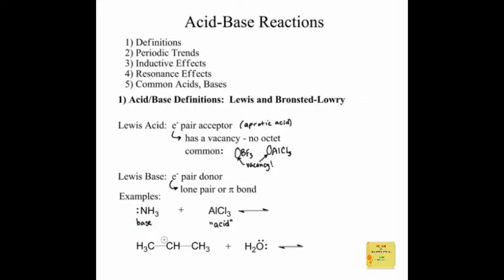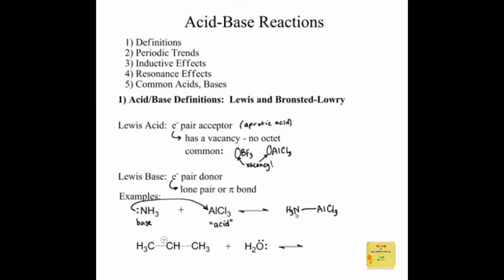And the reaction we would expect to have happen between these two is that the nitrogen would share its lone pair of electrons with the aluminum and form a bond. So we're going to form a new bond between nitrogen and aluminum. And this would be our product of this Lewis acid-base reaction. And because of this new bond, we're going to have some formal charges now on the nitrogen and the aluminum.